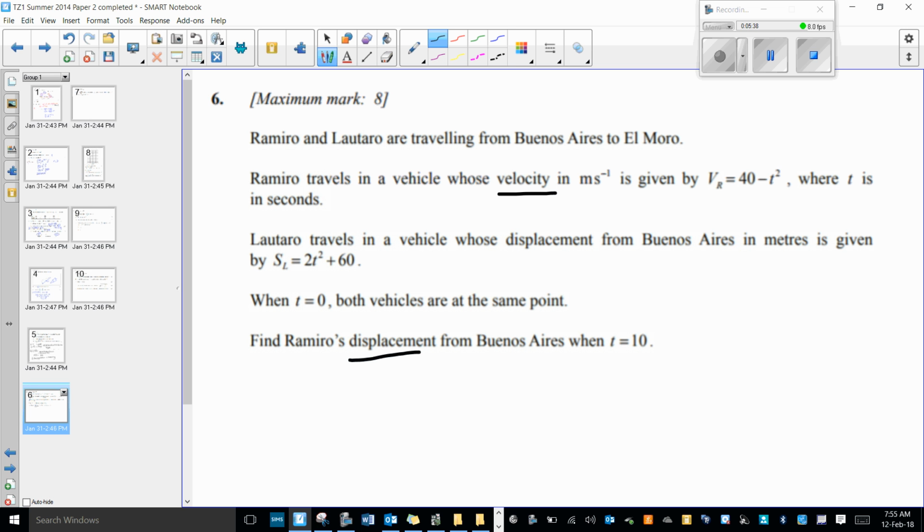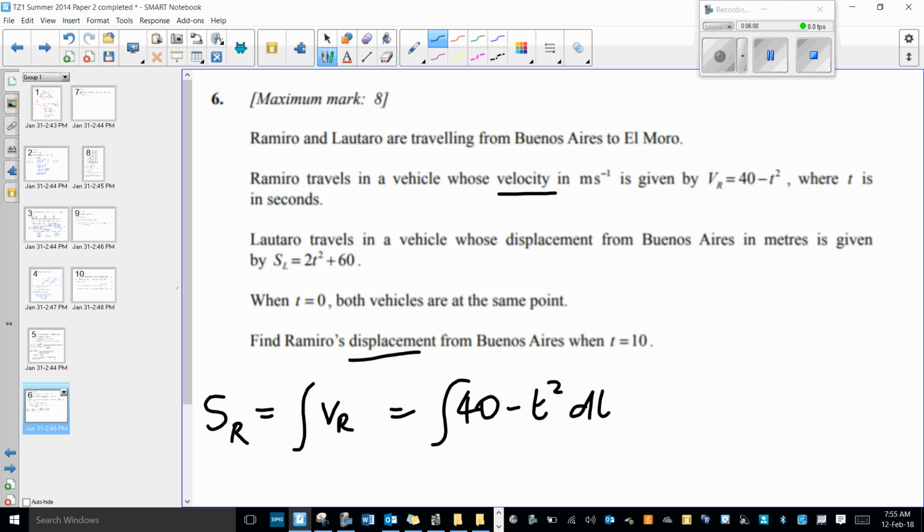So S of Ramiro is the integral of the velocity, 40 minus t squared dt, which is 40t minus t cubed over 3 plus c.